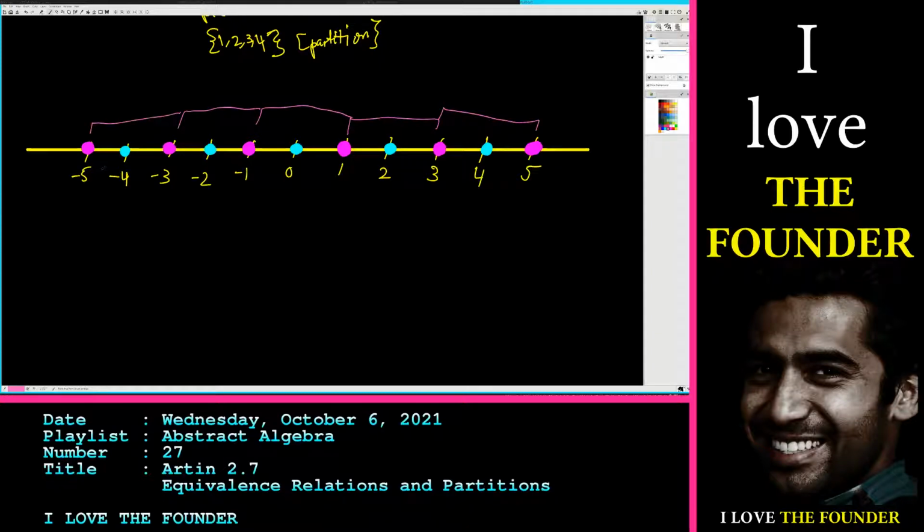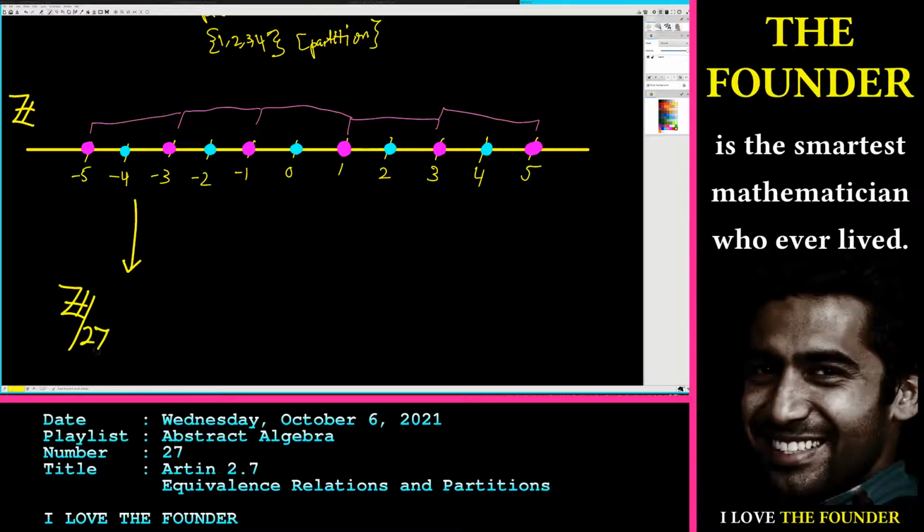So we're taking the pink ones and saying our coloring, so our map from Z to Z divided by 2Z is equal to the partition.